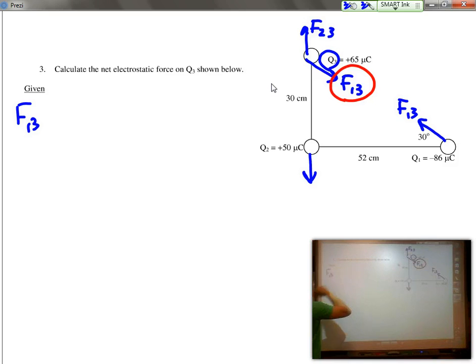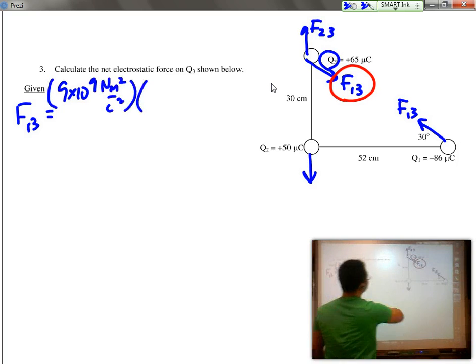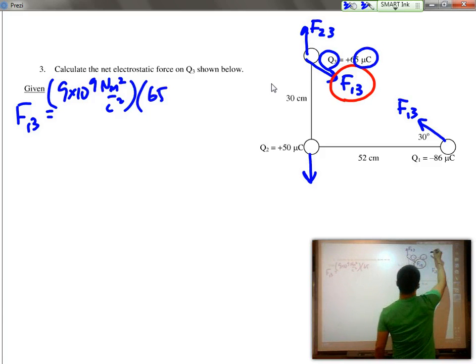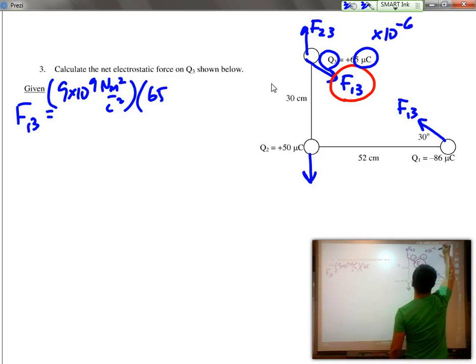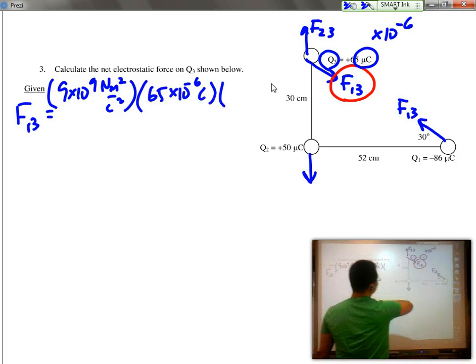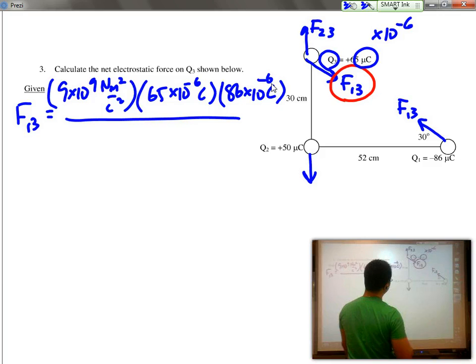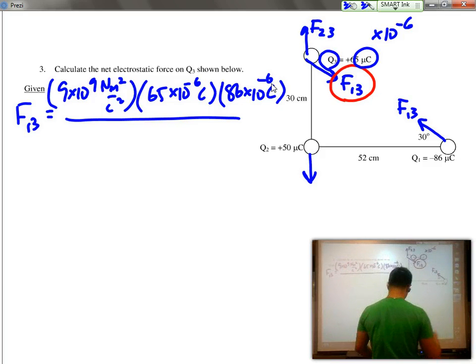F13 is equal to 9 times 10 to the 9th times 65 microcoulombs. Now, micro means times 10 to the negative 6, so it's times 10 to the negative 6 coulombs times 86 times 10 to the negative 6 coulombs, divided by a distance. But what's the distance here?